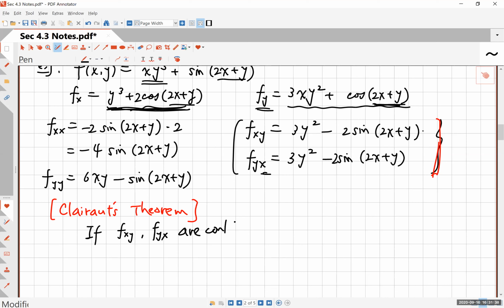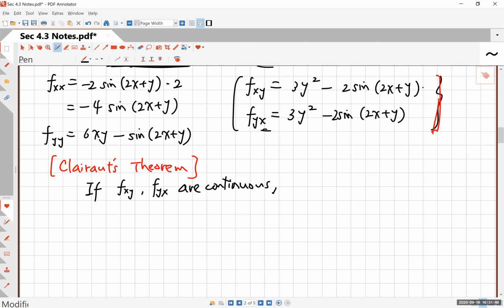Now this is a technical requirement, because for almost all functions we study, f_xy and f_yx, if they exist, are almost always continuous. As long as they're continuous, then f_xy is always equal to f_yx. For all practical purposes, for the functions that we will be studying in calculus, or all of your calculus sequence, this will hold.